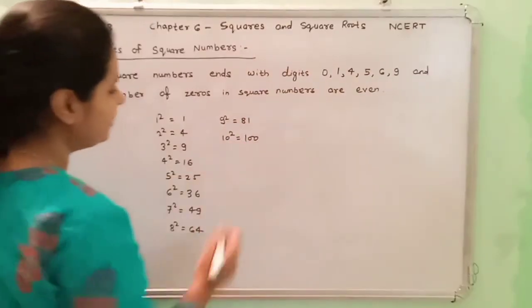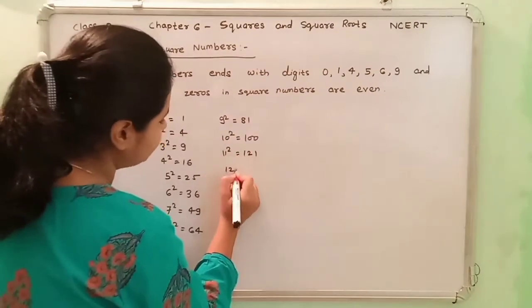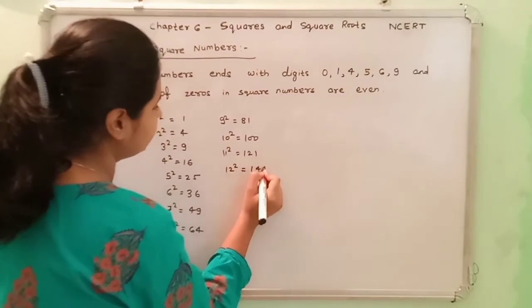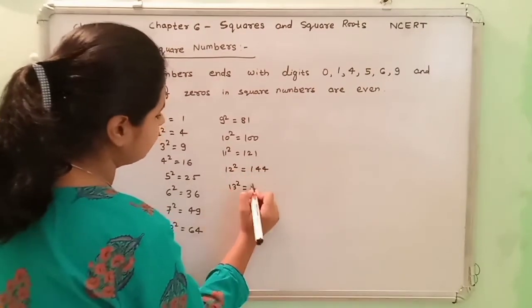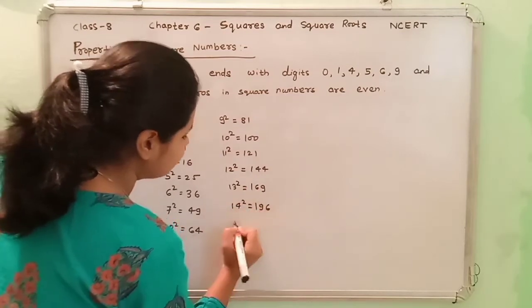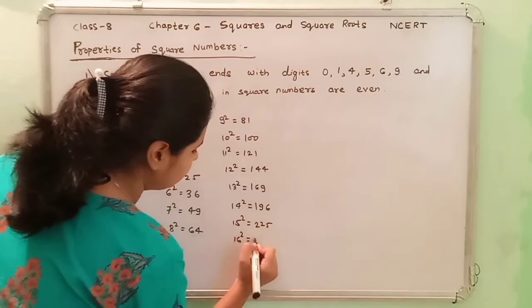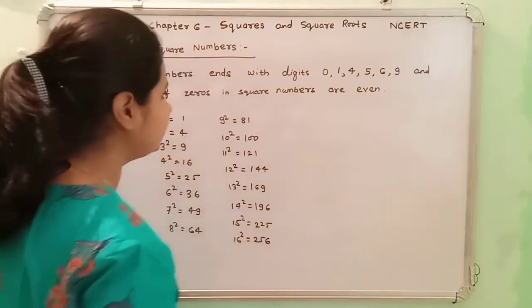Let's go a little further. 11 square is equal to 121, 12 square is equal to 144, 13 square is equal to 169, 14 square is equal to 196, 15 square is equal to 225, 16 square is equal to 256. Okay, let's take it till here.